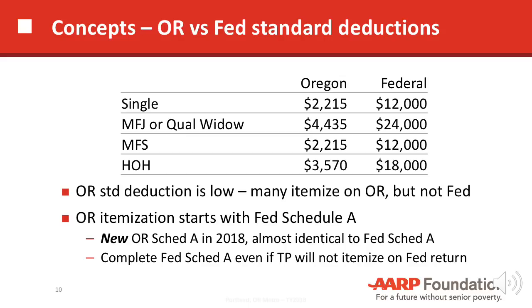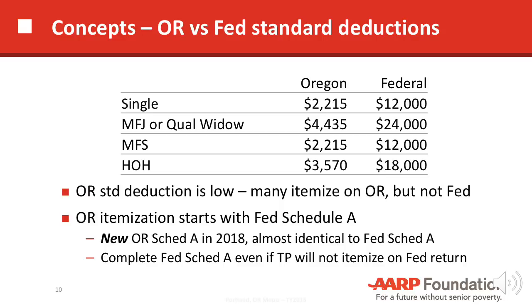And if not, then they won't. So, since Oregon's standard deduction is lower, they're much more likely to itemize on the Oregon return than they would be on the federal. In fact, many taxpayers itemize on the state return but don't itemize on the federal return.